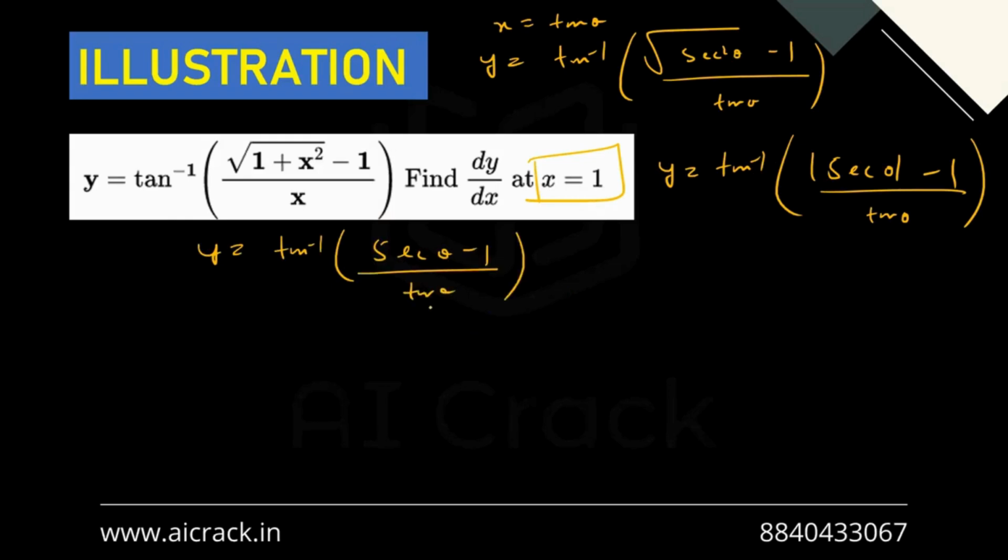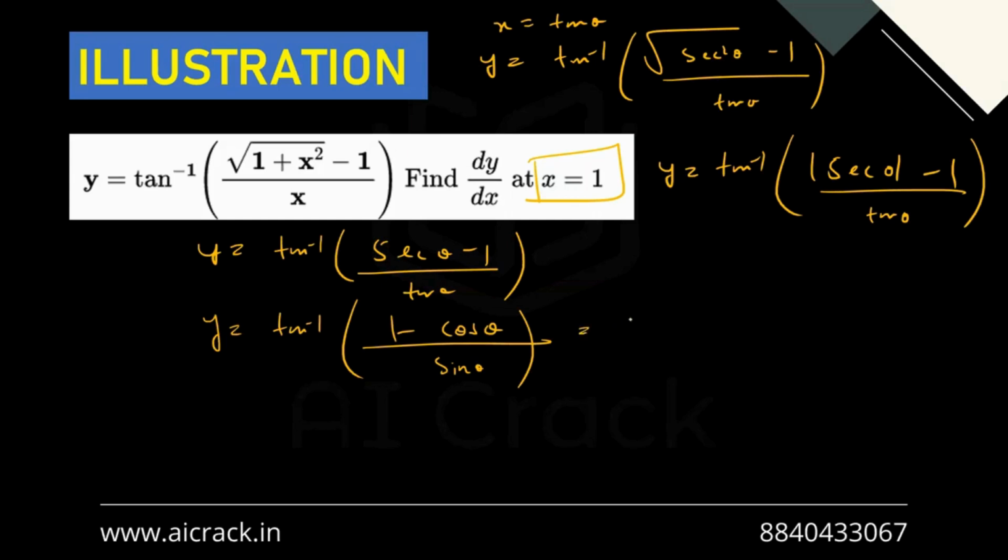Now we can convert this into sin cos. That would become tan inverse of 1 upon cos theta minus 1. That becomes 1 minus cos theta divided by cos theta, multiplied by sin theta by cos theta. That becomes sin theta, right?